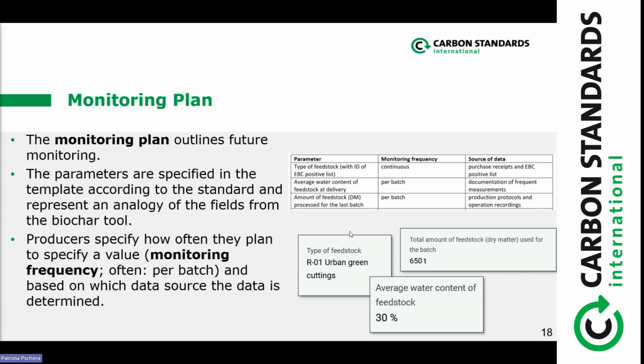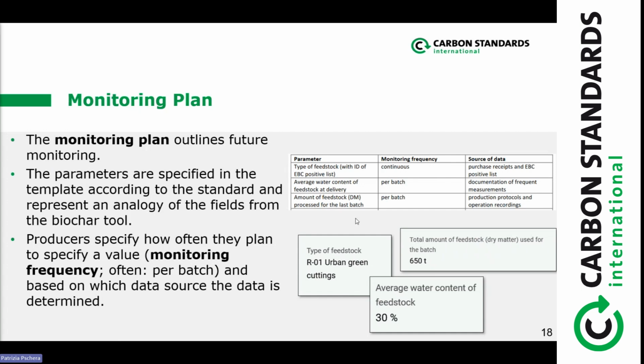So what we can see here is that we have these tables in the PDD where the parameters are listed, and the monitoring frequency must be given by the producers, and also the source of the data must be filled in by the producers. And these fields, so type of feedstock, they correspond to the fields in the Biochar tool where you will be monitoring the same fields.